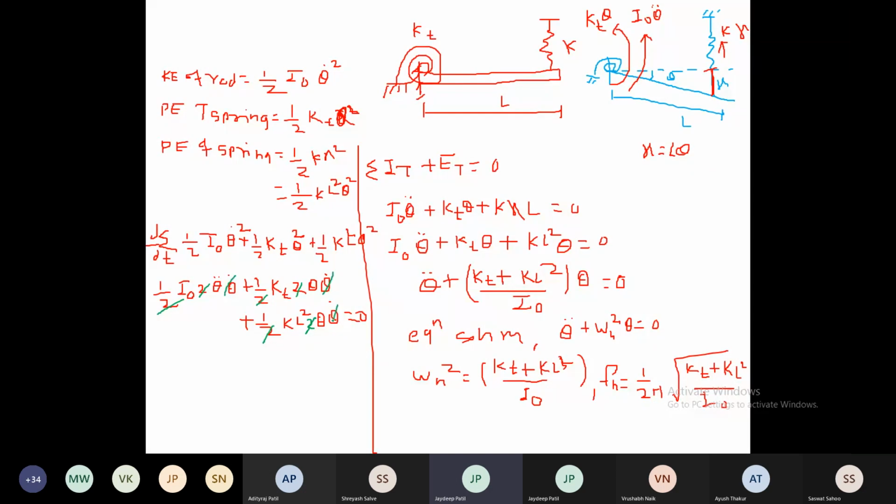Okay, now theta you have to take common, means you will get here IO theta double dot plus kt plus kl square, bracket complete, into theta. Okay, you will get the same equation as this one. Or you have to take I down below. You will get the same equation as the equilibrium method. Okay.